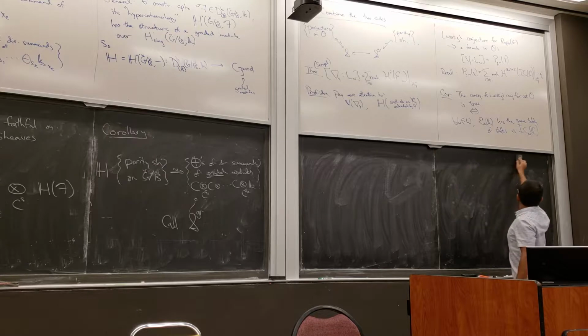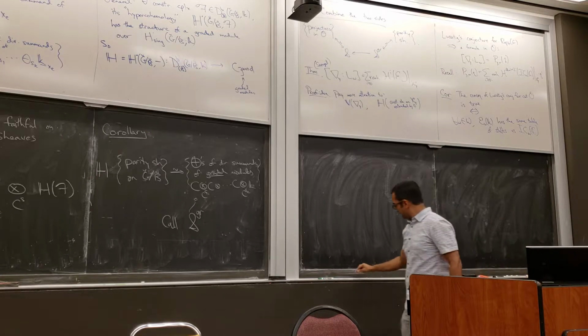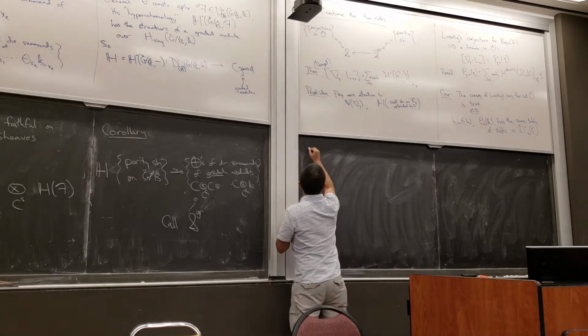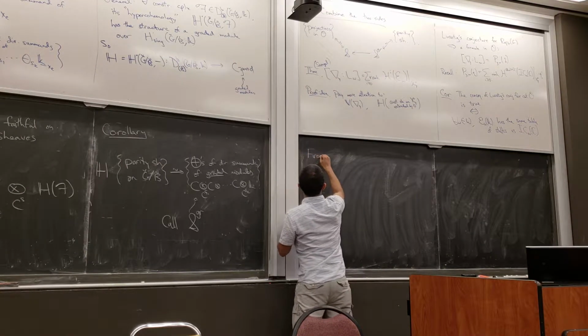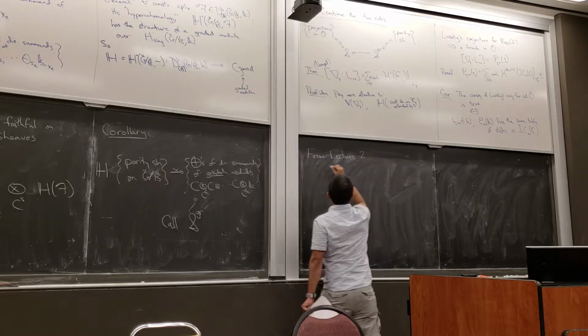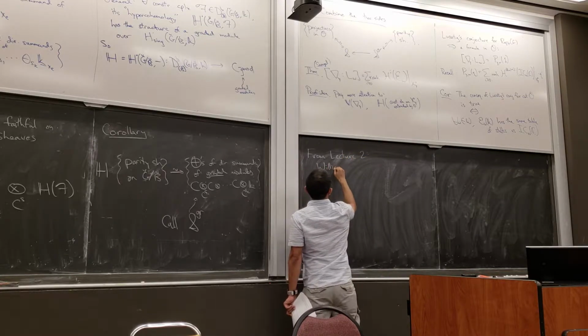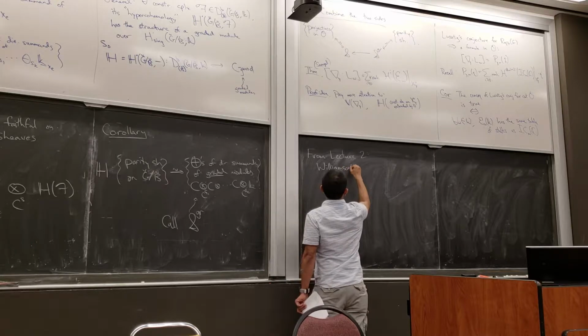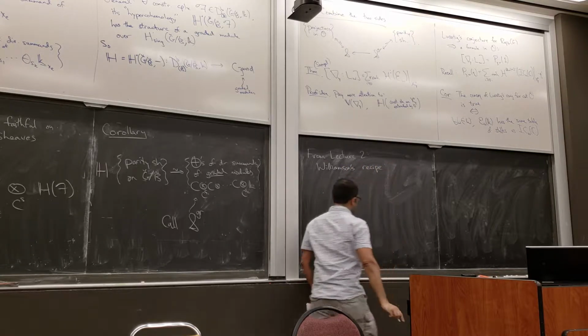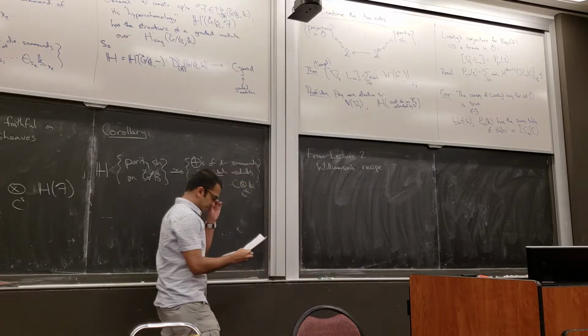So the very end of Tuesday's talk was about Williamson's recipe. So from lecture 2, I'll remind you what the input and output of this were.